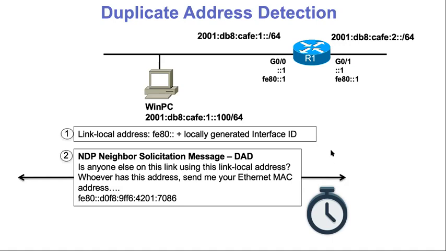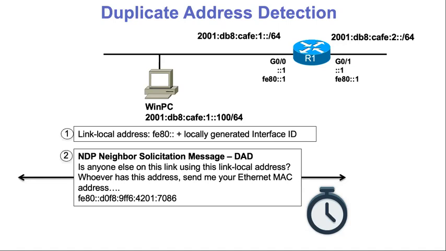We'll talk more about that later, but duplicate address detection, this process is recommended for all unicast addresses, whether they're statically created, DHCP, or some other way like stateless address autoconfiguration. So it doesn't matter how the unicast address is created on the device, duplicate address detection is recommended just to make sure that there are no duplicates.